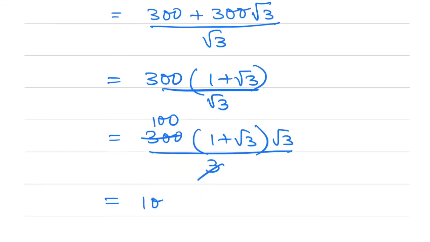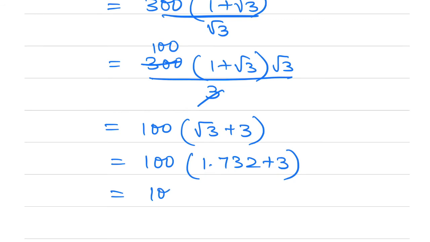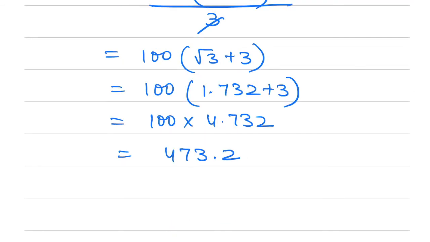This is equal to 100 into root 3 plus 3. So this is equal to 100 into 1.732 plus 3. Now 100 into 4.732. So this is equal to 2 decimal points, so 473.2 meter.